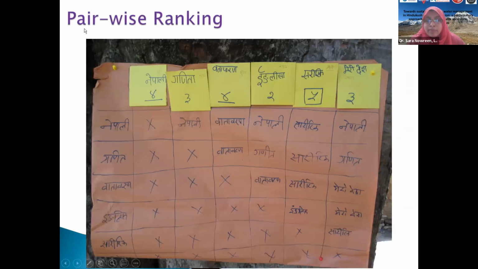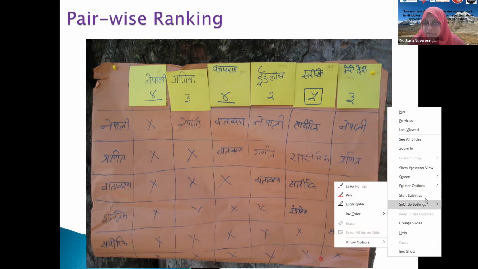Another group will be doing pairwise ranking of the same drivers. In the first exercise, you wrote the drivers only and took the view of each of 10 participants. Here, all 10 of you will be talking about the same problems we are dealing with.